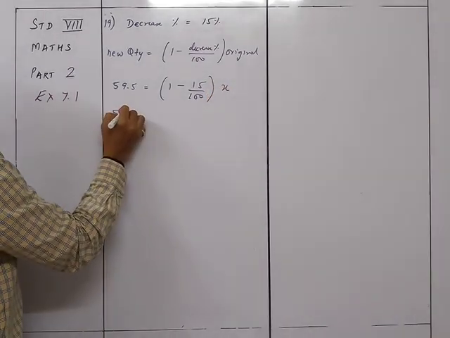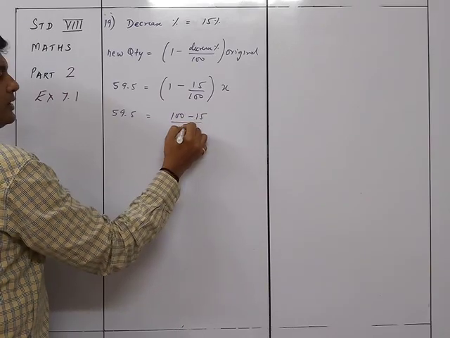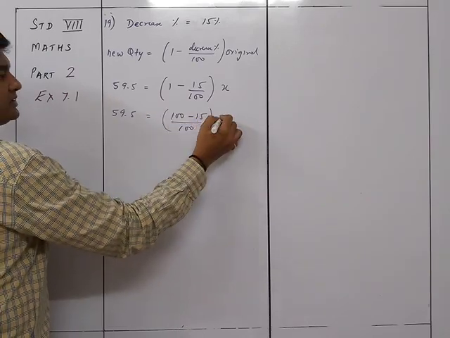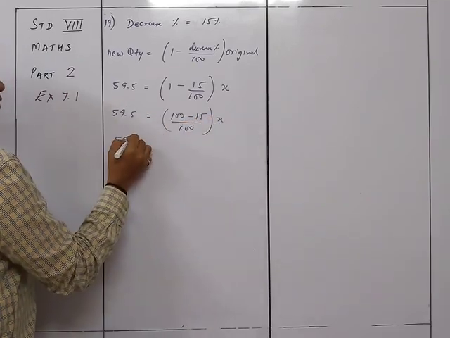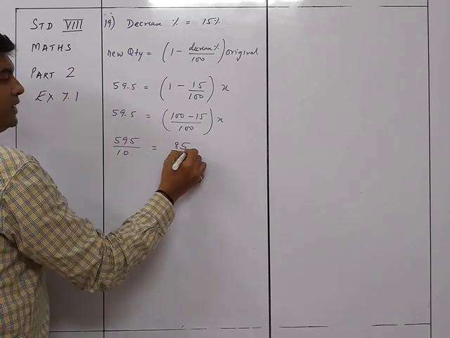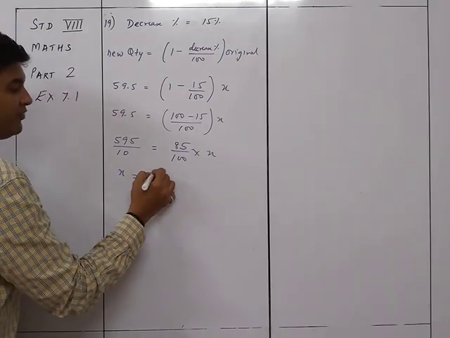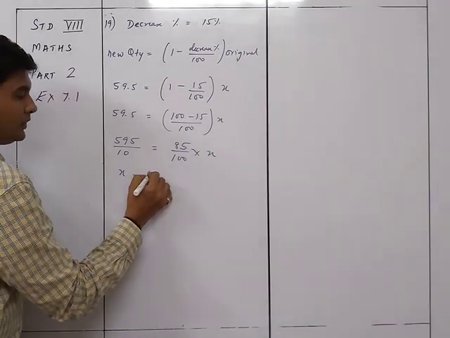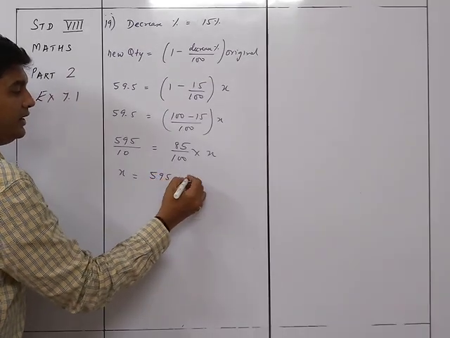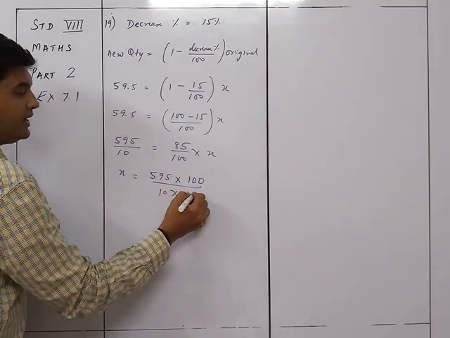So 59.5 is equal to 100 minus 15 upon 100 into x. So 595 upon 10 is equal to 85 upon 100 into x. So x will be equal to 595 into 100 upon 10 into 85.